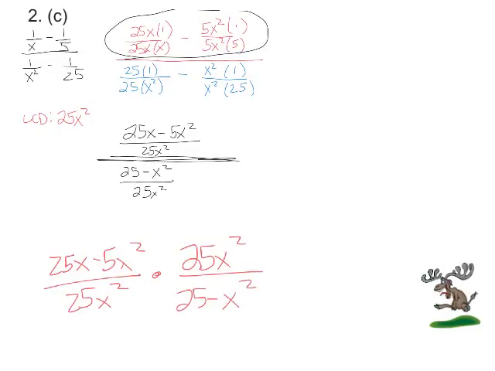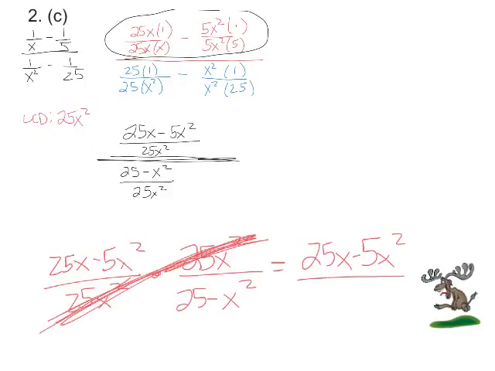And when we do that, these two terms cancel. And we're left with 25x minus 5x squared over 25 minus x squared.